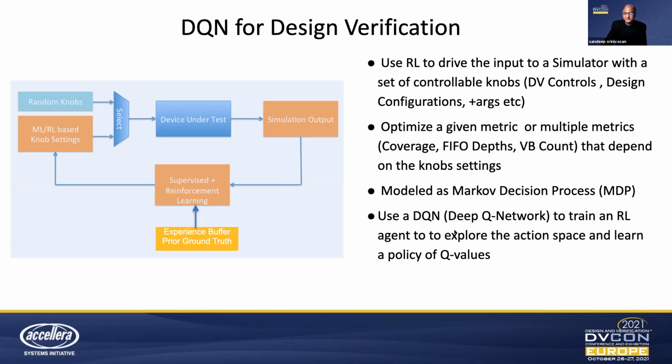And then again, we use the deep Q network here, a DQN, to train an RL agent to learn a policy of Q values. And in addition, if you had prior simulation outputs that we had in this particular case, we use that as prior ground truth of what's called an experience buffer that the reinforcement learning agent can learn from.